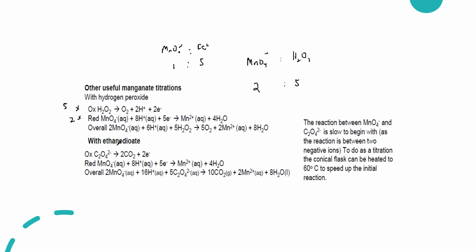So ethane dioate, what will be the overall equation? First, the half equation, as you can see, 2 electrons and 5. So when we cross multiply, again the ratio will be 2:5. This is ethane dioate.